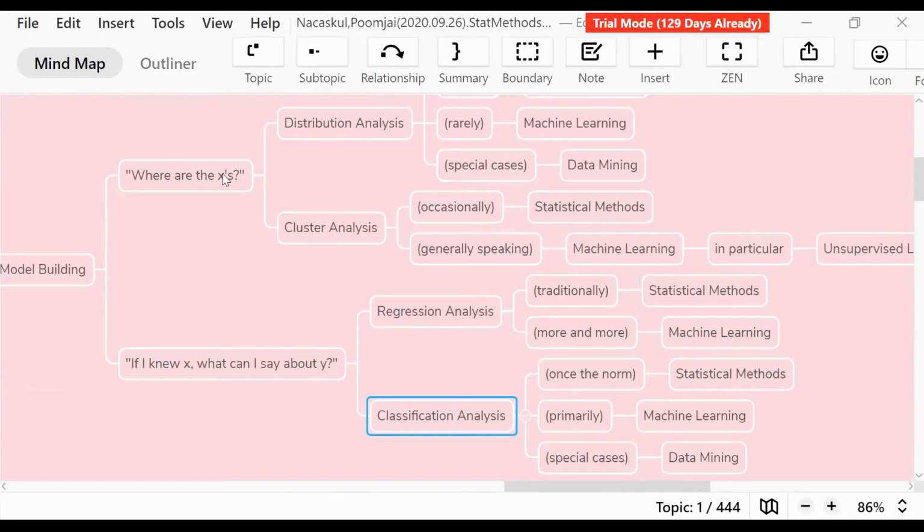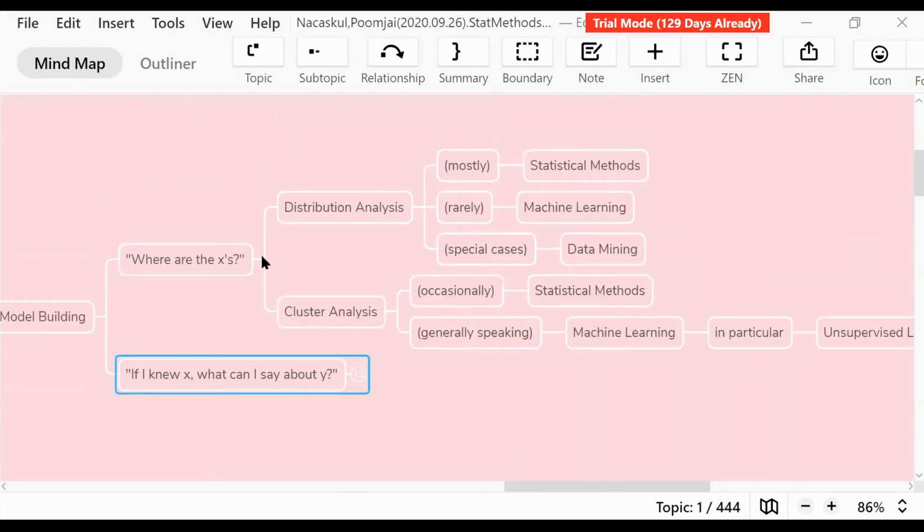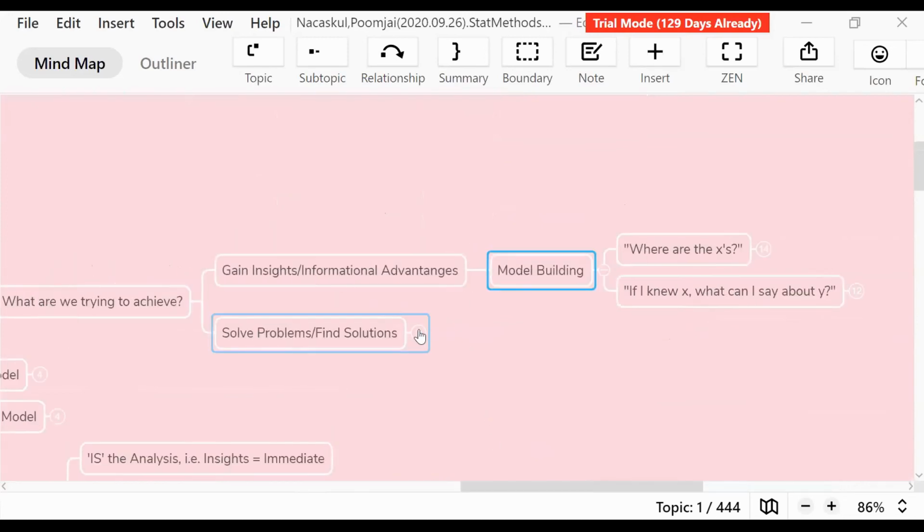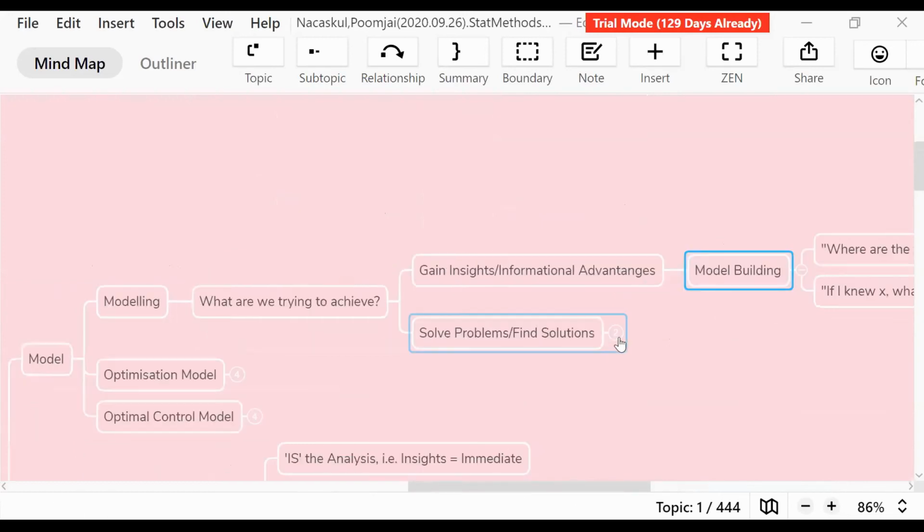So that's the sort of analysis you do. So that's my way of review. Now, the other thing that the model does is kind of the opposite, but I'll just give you 2 words about it. It's called solving a problem.